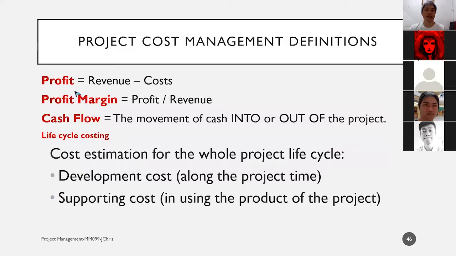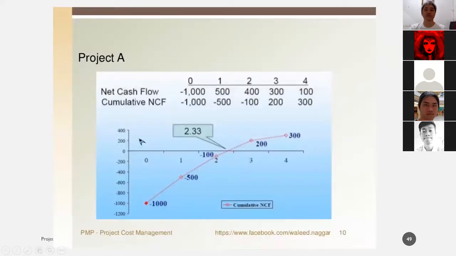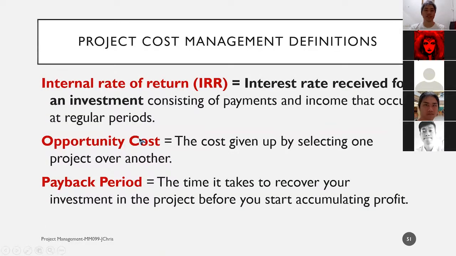If you're going for a profit organization, a profit project, which means we have to have profit, the profit margin, the cash flow, and so on. This is all the names of the variables, just for you to know. So we're not going to cover this in too much detail.